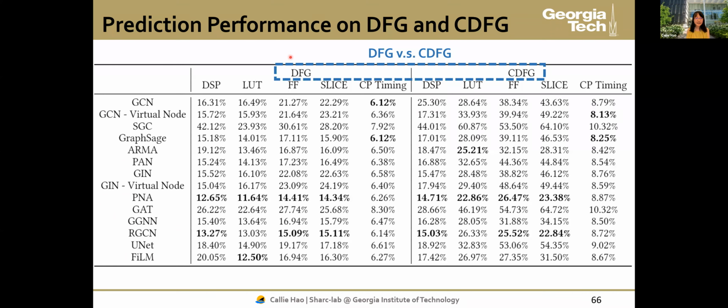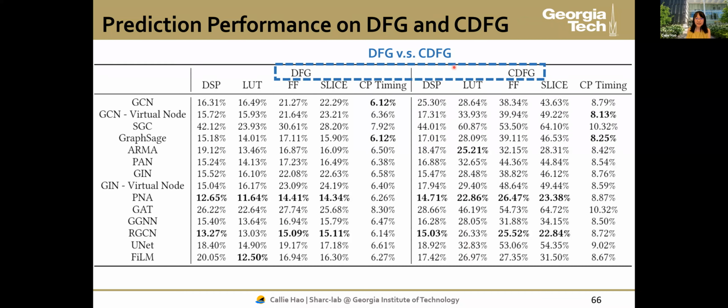First we can see that these are the DFG results and these are the CDFG results. Comparing DFG and CDFG, we can see that this is the prediction error. Apparently the prediction error is much higher on CDFG compared with DFG. For example, these are around 15%, and this is obviously around 20 or 30 percent more, right?